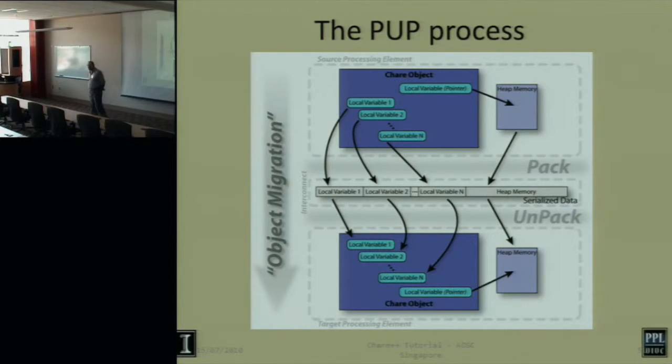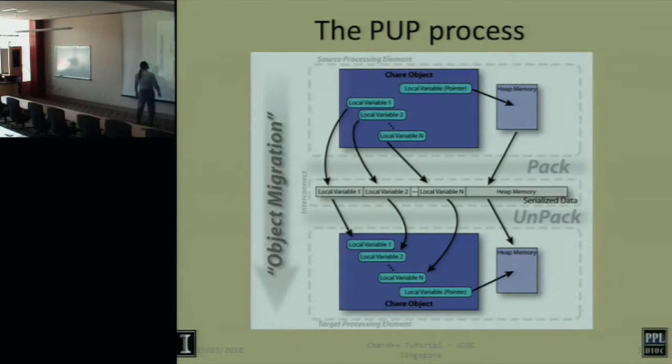This is typical of how codes are arranged. You have a bunch of state variables, which have various quantities that are important to your application, and then you've got some dynamic chunk of memory that is actually containing a column or some data. If we're going to move that object, we need to make sure we can do all that consistently, so we're going to be serializing that down into this serialized data.